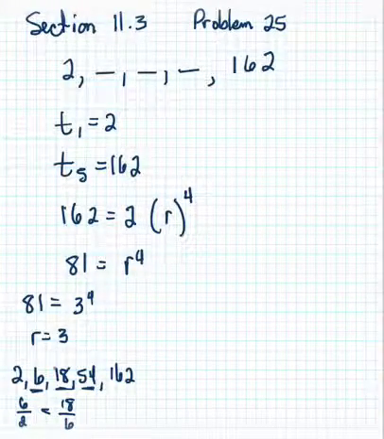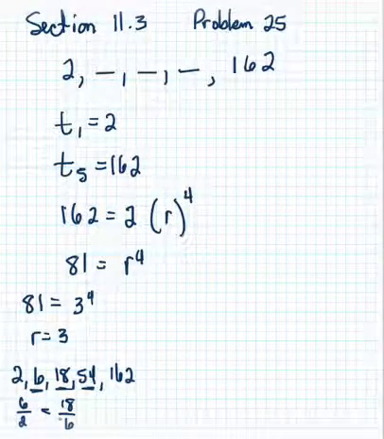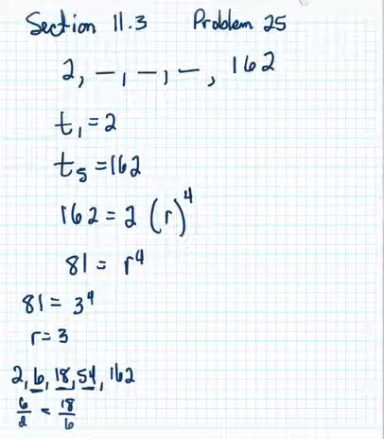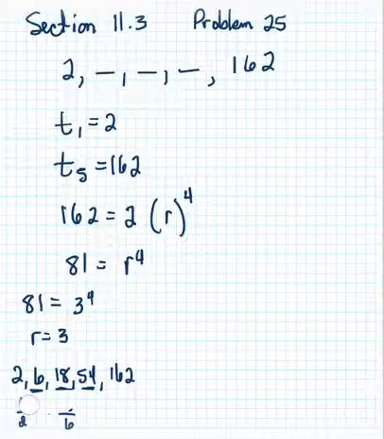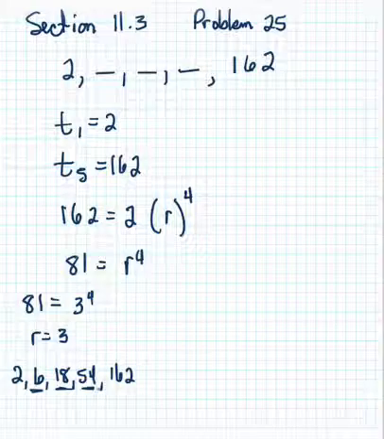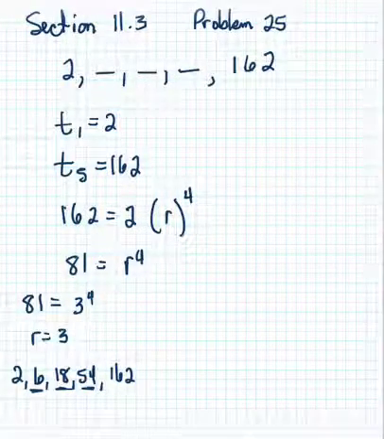Do you see how it makes the common ratio 3? That's why it's the geometric mean, because it makes that common ratio. Hopefully that explains what a geometric mean is.